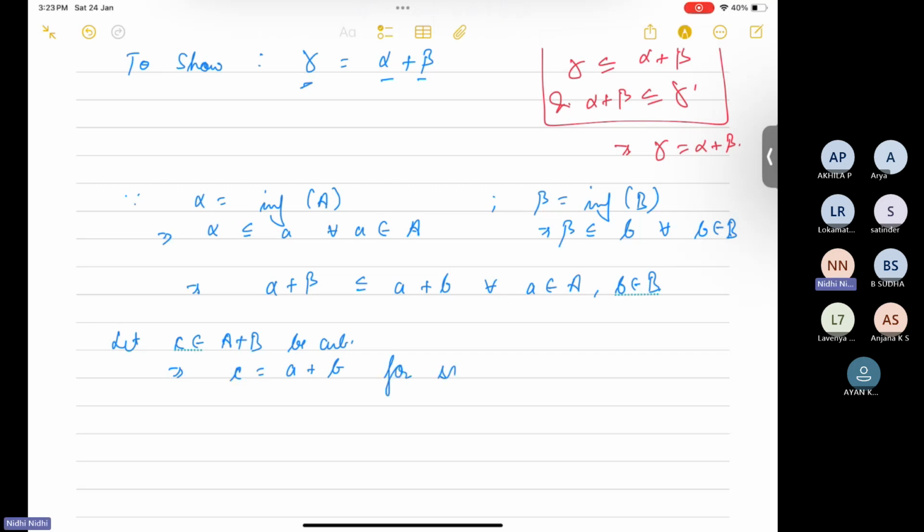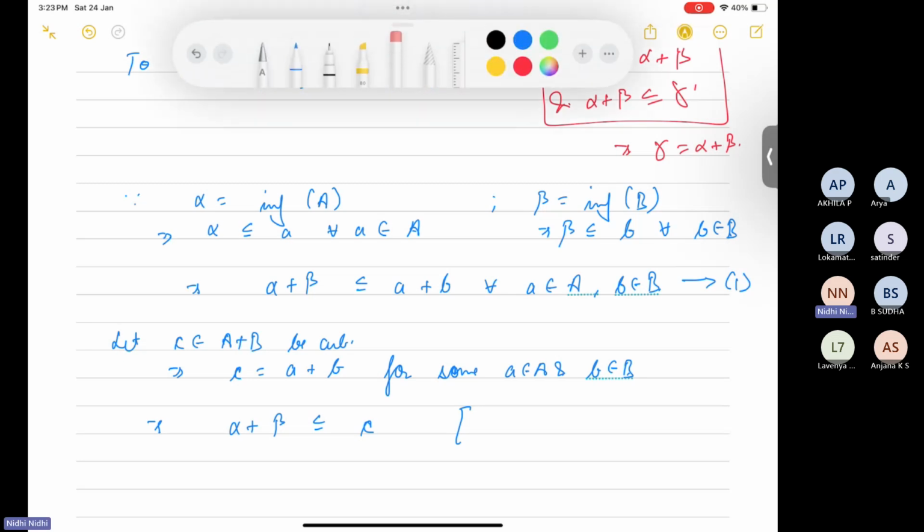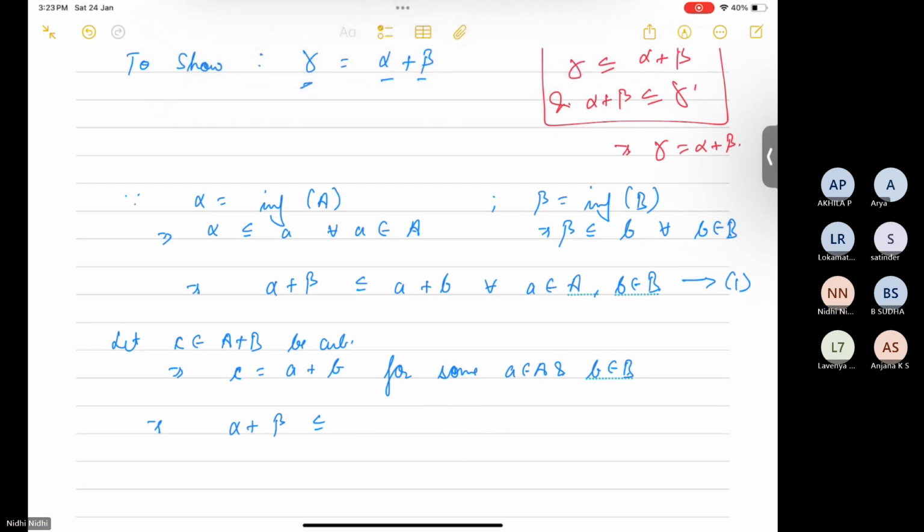Now, by equation 1, we have alpha plus beta is less than or equal to a plus b, which is equal to c.